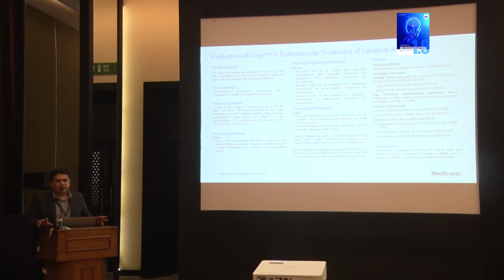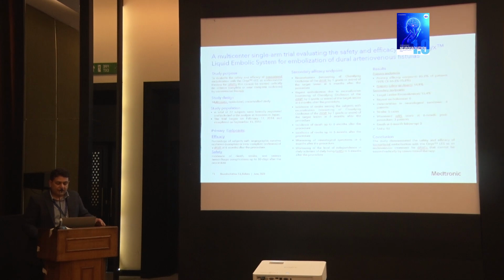Lastly, I mentioned earlier in the talk that if there's one thing that you want to remember, just remember this: it's one of the very first embolic agents introduced, and it's got more than 20 years of clinical evidence. I just wanted to highlight one or two of them, so that you can take away something key from this talk. One is that the safety and efficacy has been demonstrated for the use in cerebral AVMs.